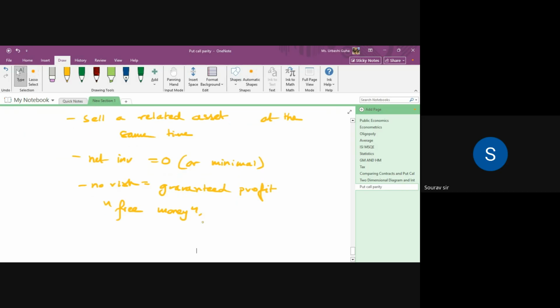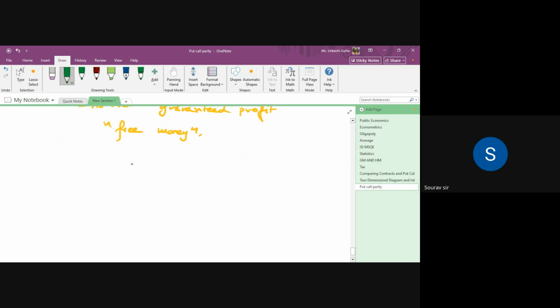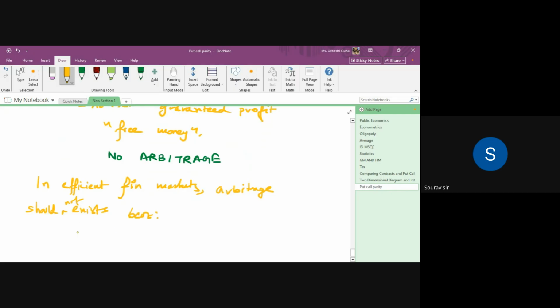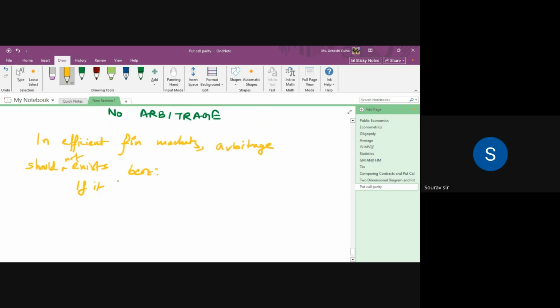But there is a principle of no arbitrage. In efficient financial markets, arbitrage should not exist, because if it does, traders will immediately exploit it.